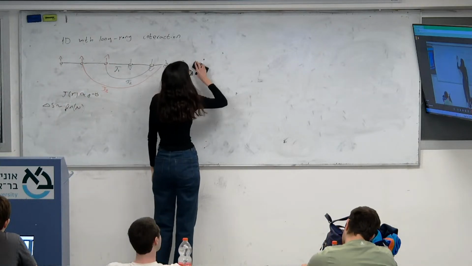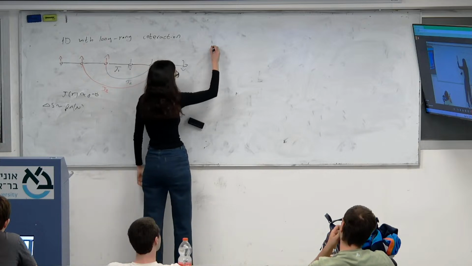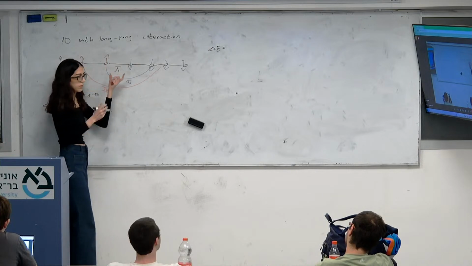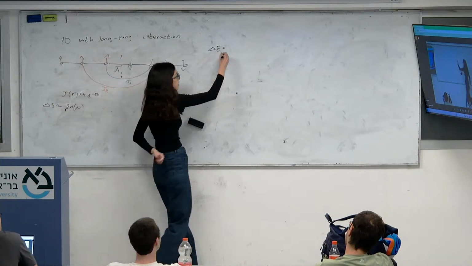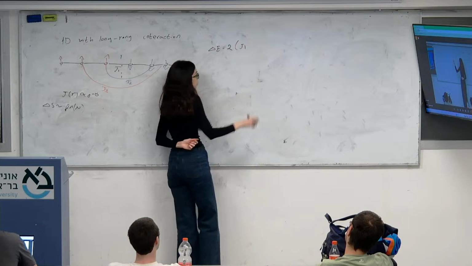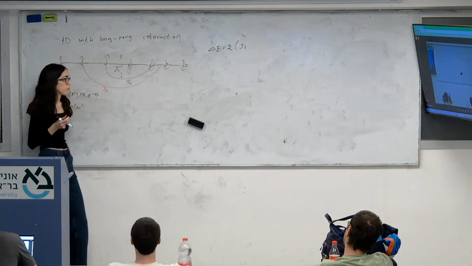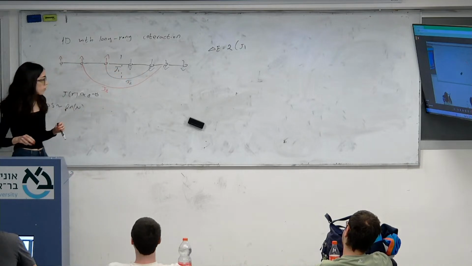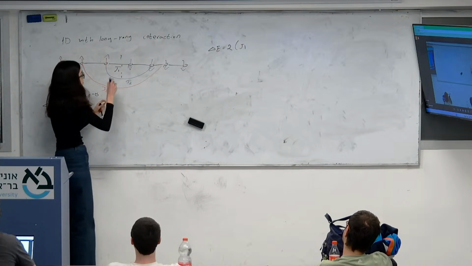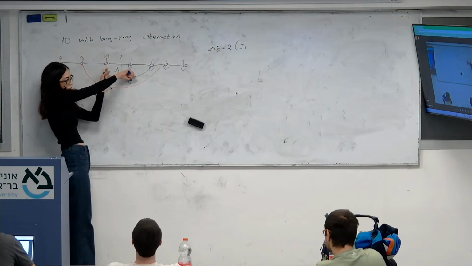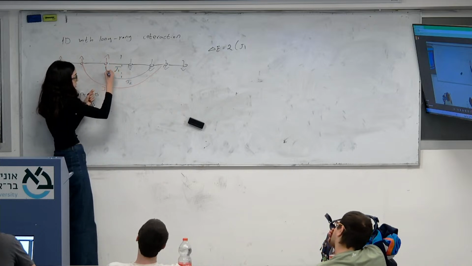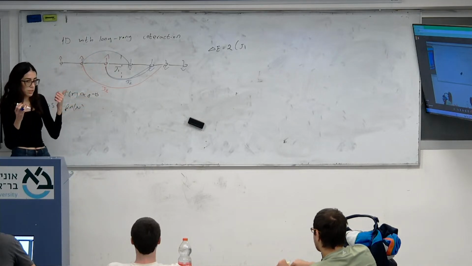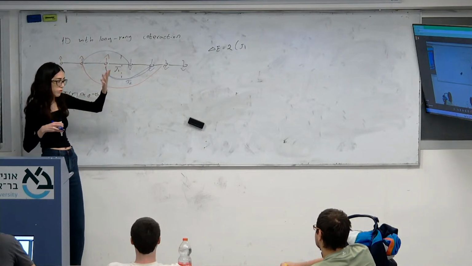What's going to be the difference in the energy? For J1, we still have a factor of 2, because this is similar to before. Now for J2, for J1 we only have the interaction between those two spins. But for J2, I have the interaction of this with this, and the interaction of this with this, if we compare the difference between this and the case where all of the spins align.